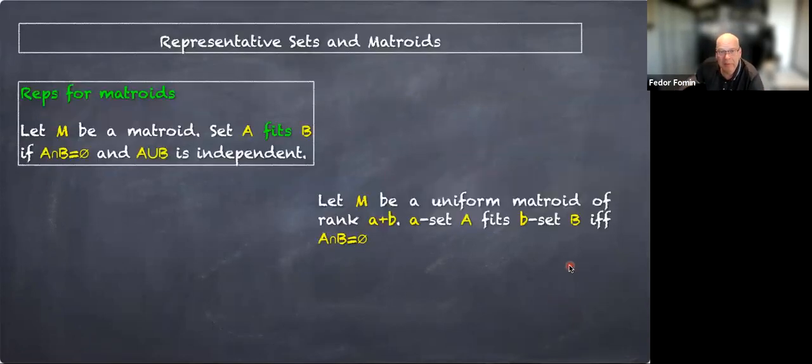Okay, so now the most important definition. What is a representative set for matroids? Let M be a matroid. Then I say that a set A fits a set B if the sets are disjoint, and on top of that, A union B is an independent set.